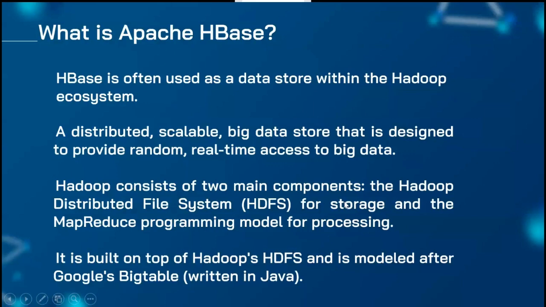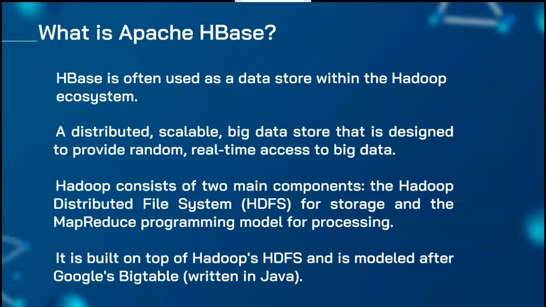What is Apache HBase? HBase is usually used as a data store within the Hadoop ecosystem. It is a big data store designed to provide random, real-time access to big data. Hadoop has two main components.